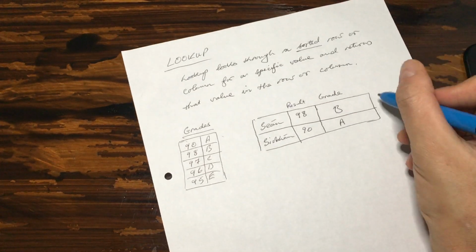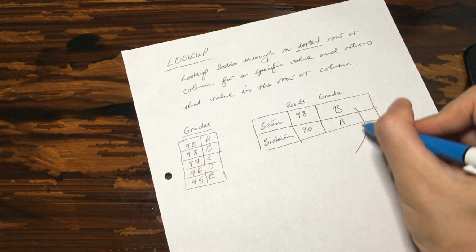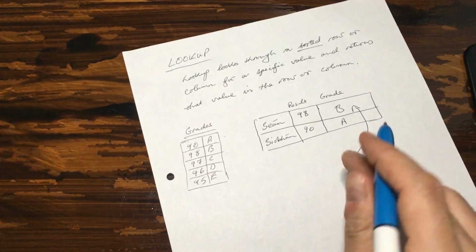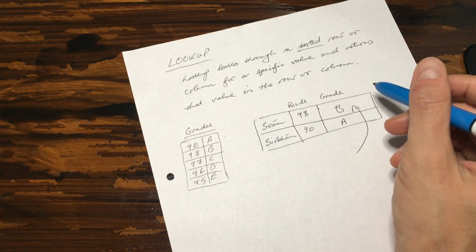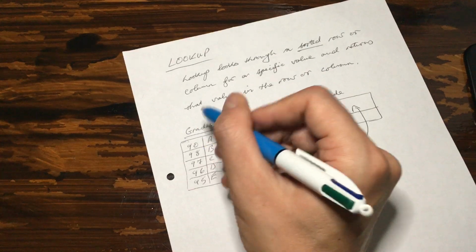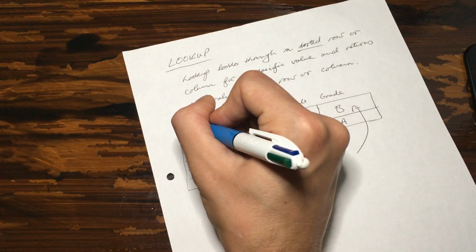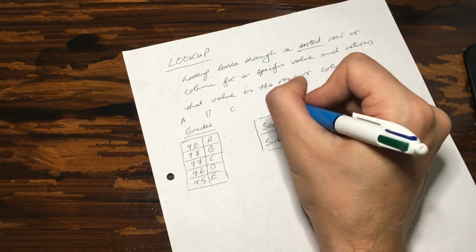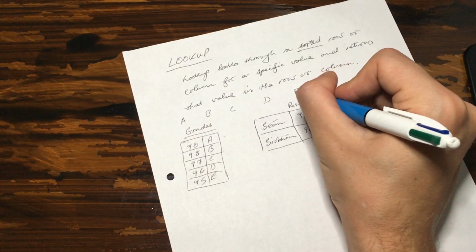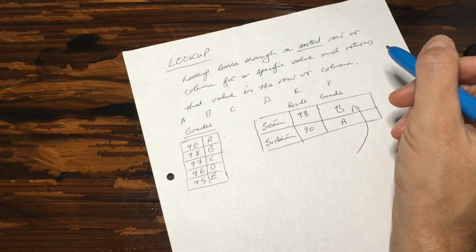So what is the formula that goes into this one as an example? Right, well, what we obviously need to know is the cells of this range. So let's say that over here, I've got A, B, and here's a gap, C, D, E, and F as an example.